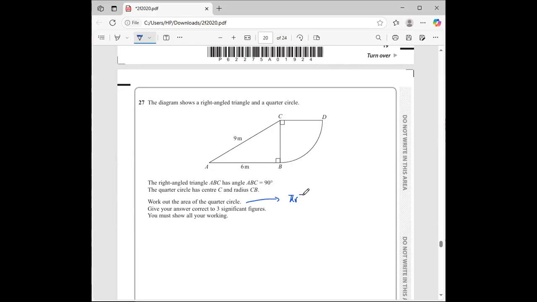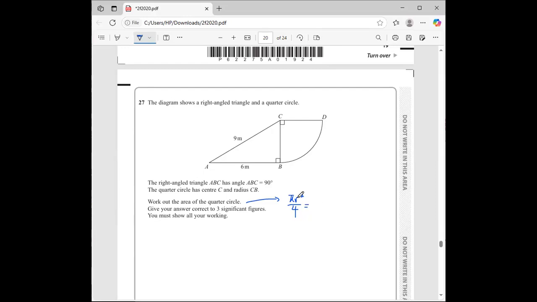I write it like that to make it simple, since it's 1/4 of the total thing. What did they give you as pi in this paper? Because we have a calculator, we can use pi on the calculator.